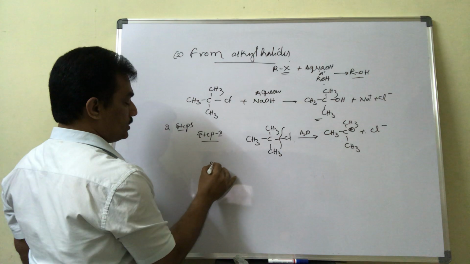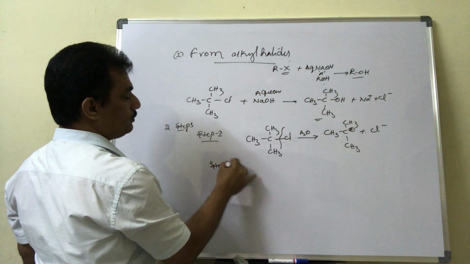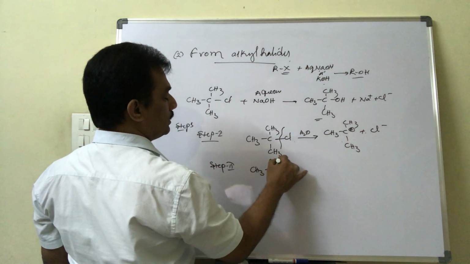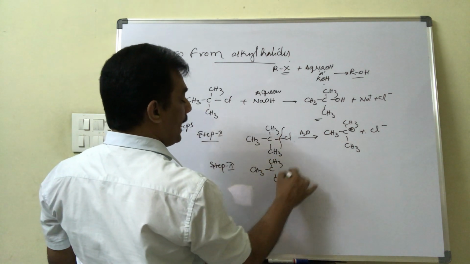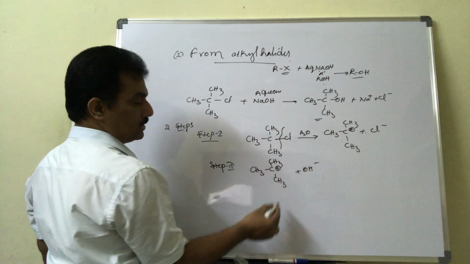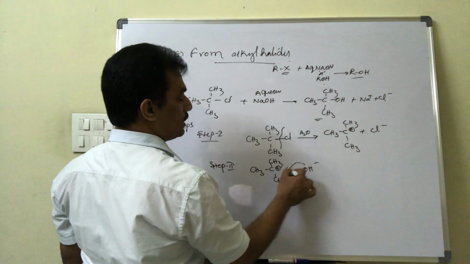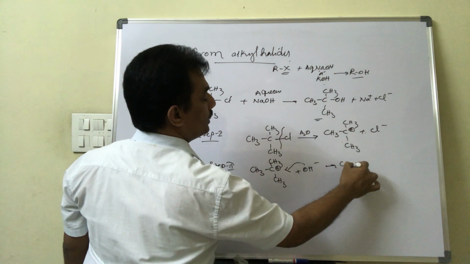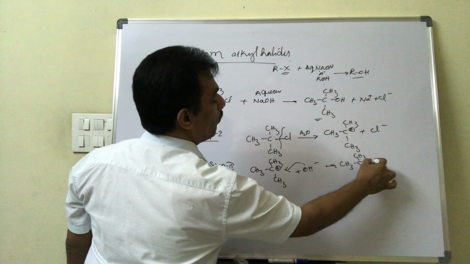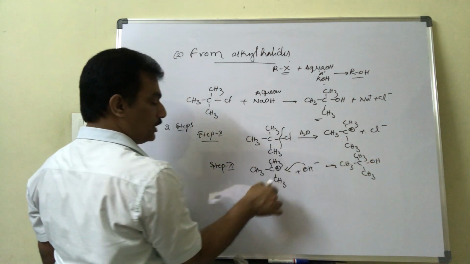And now in step 2, this carbocation is attacked by the reagent, that is OH minus, and it is forming CH3, CH3, CH3OH, like that. Two-step mechanism.